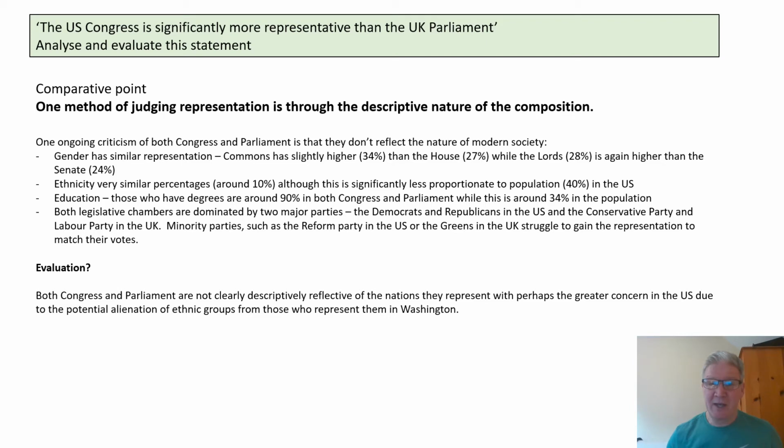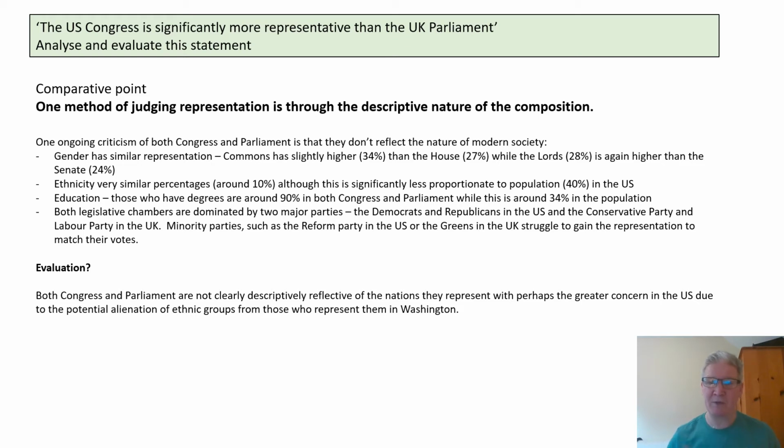In terms of education, there are similarities too, with around 90% in both having degrees, whereas in the population there's only 34%, showing a discrepancy in the nature of representation there. In terms of ethnicity, again, a similar percentage, but the significant difference here is that it's much less proportionate to the population in the US.